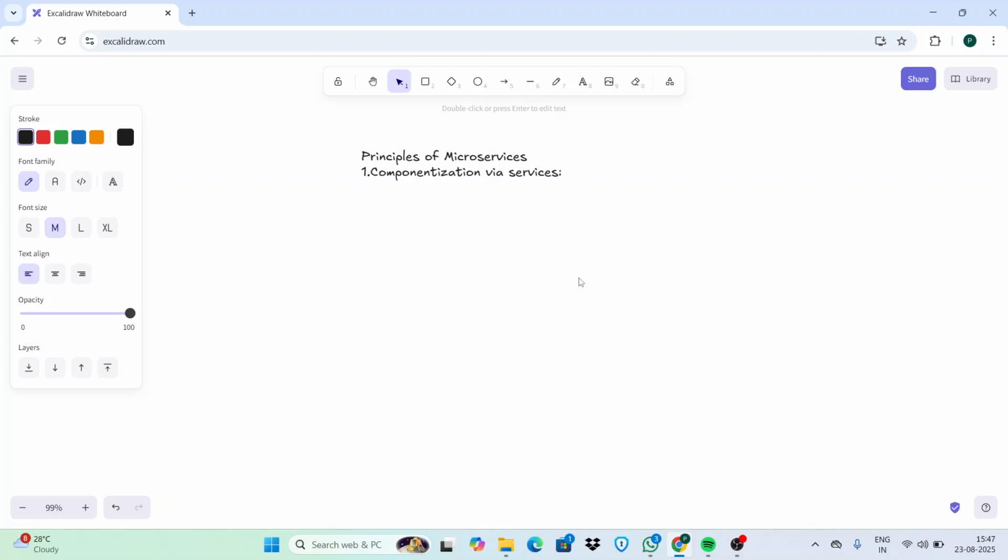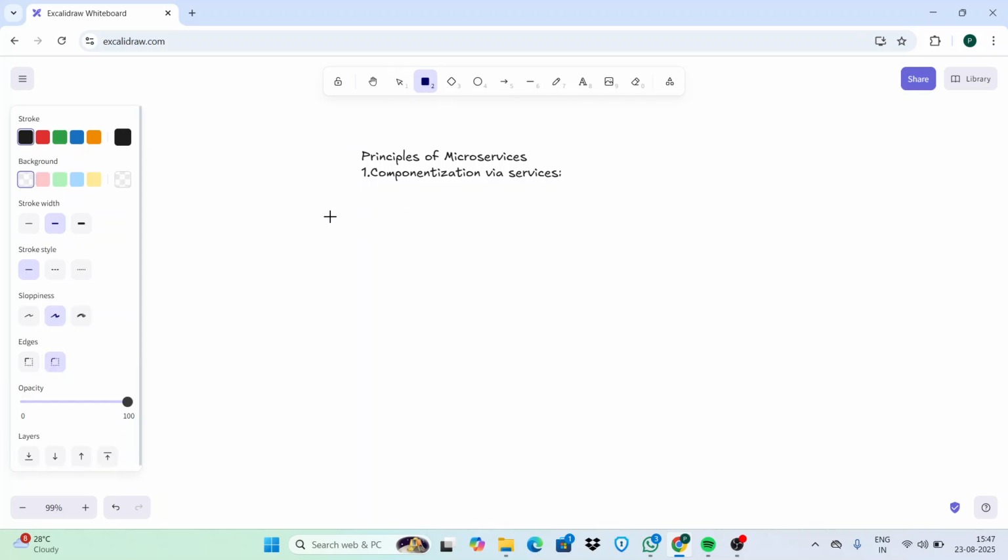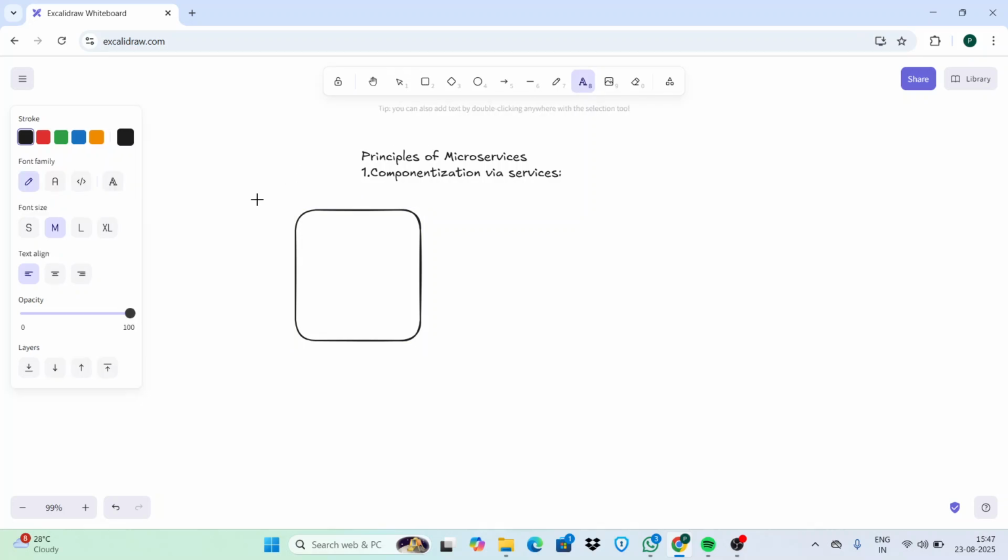There was componentization in SOA also, but in SOA the componentization was via libraries. Componentization means making components.